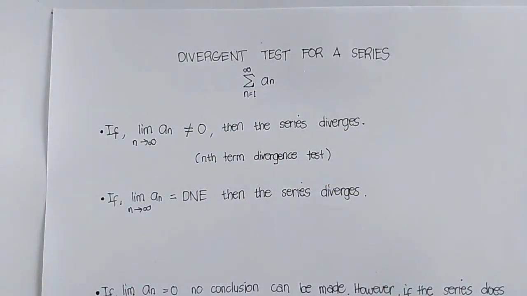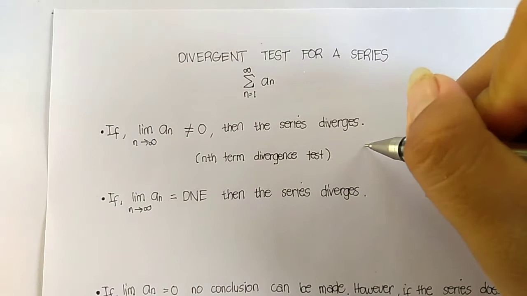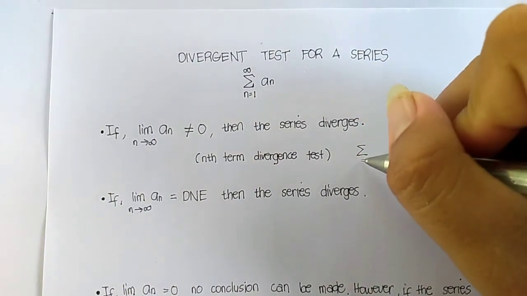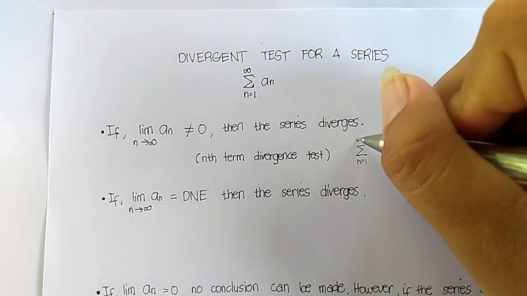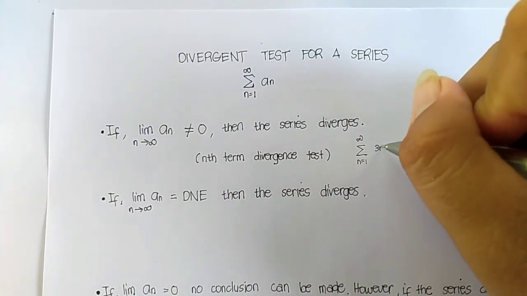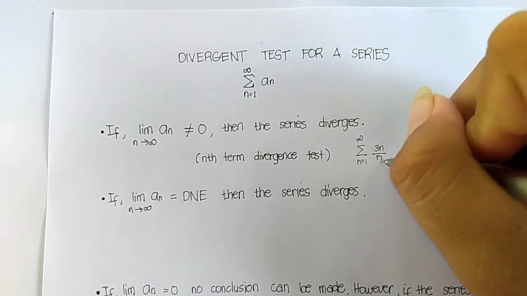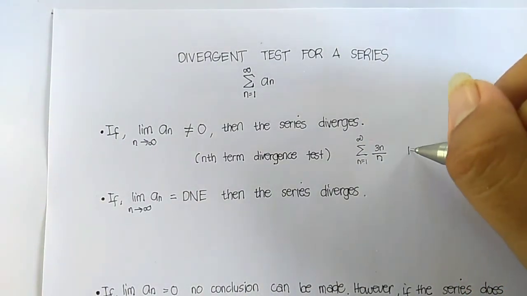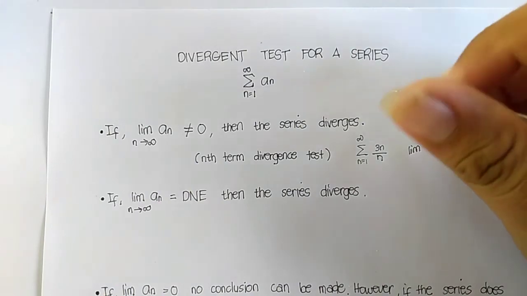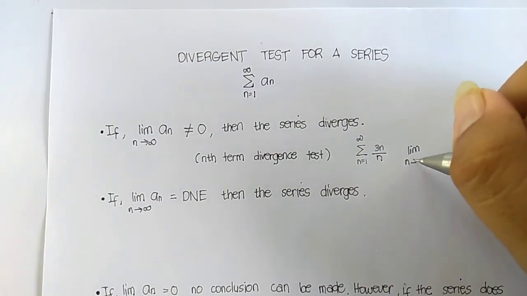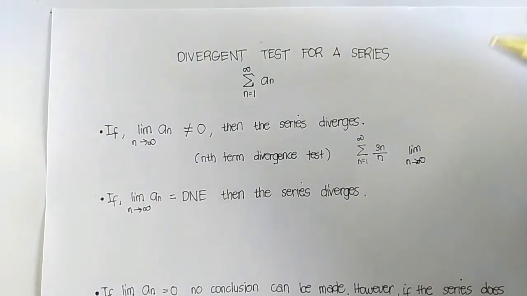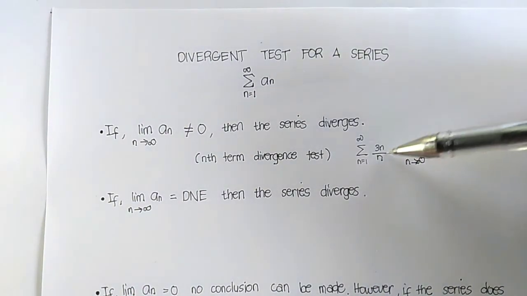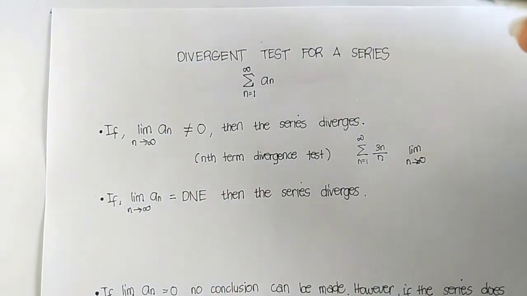So for example, if we take the infinite sum of 3n over n, and if we take the limit as n approaches infinity of a sub n, so our a sub n here is represented by 3n over n.